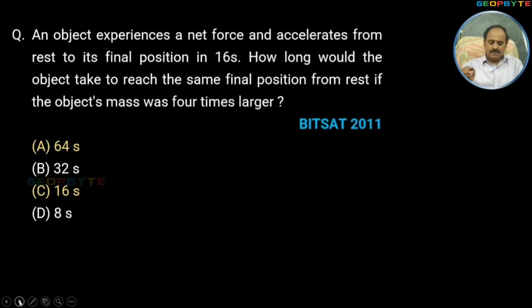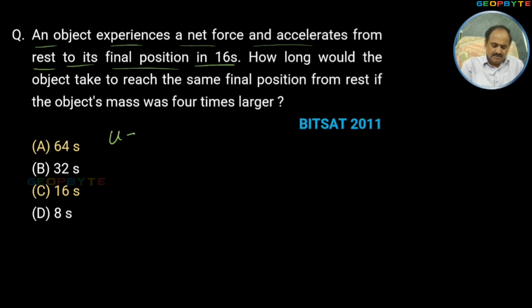Look at this problem. It is asking: an object experiences a net force and accelerates from rest to its final position in 16 seconds. It is starting from rest, which means initial velocity u equal to 0. The time t1 equal to 16 seconds.